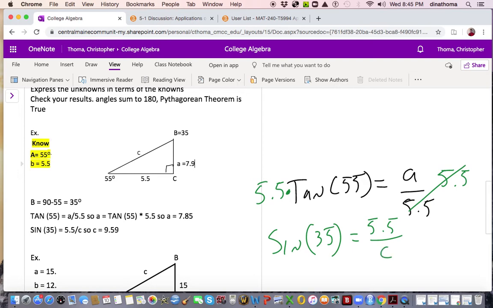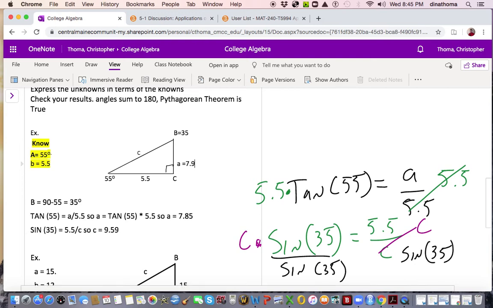Now I have to solve for C. The first thing I'm going to do is multiply both sides by C, and then those C's cancel. To get my sine to the other side, I divide both sides by sine of 35.